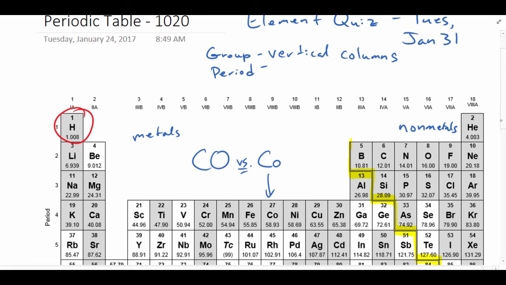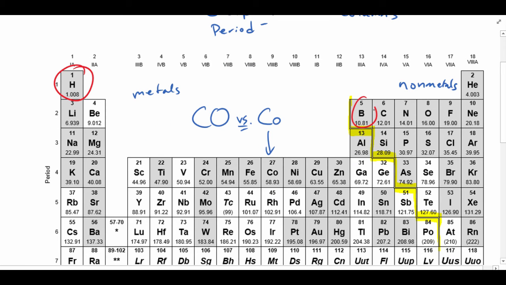And then we have some elements that are right along the staircase that have properties of both metals and nonmetals. And these elements are ones that we call metalloids. And so they're ones that appear immediately to the left or right of that staircase.